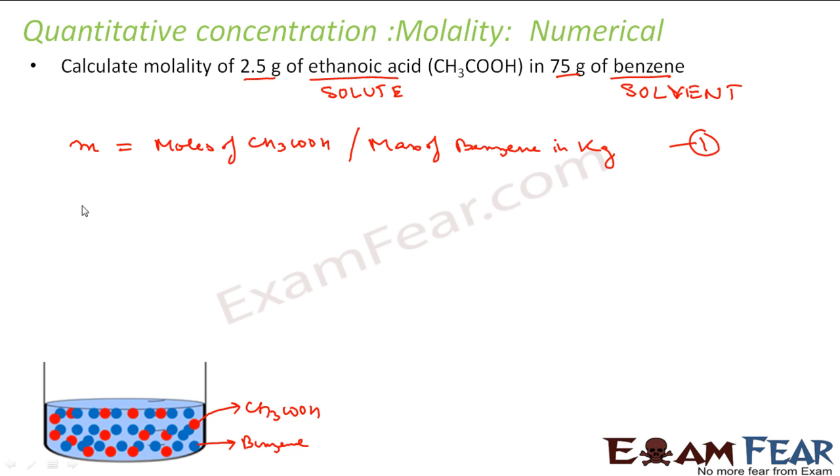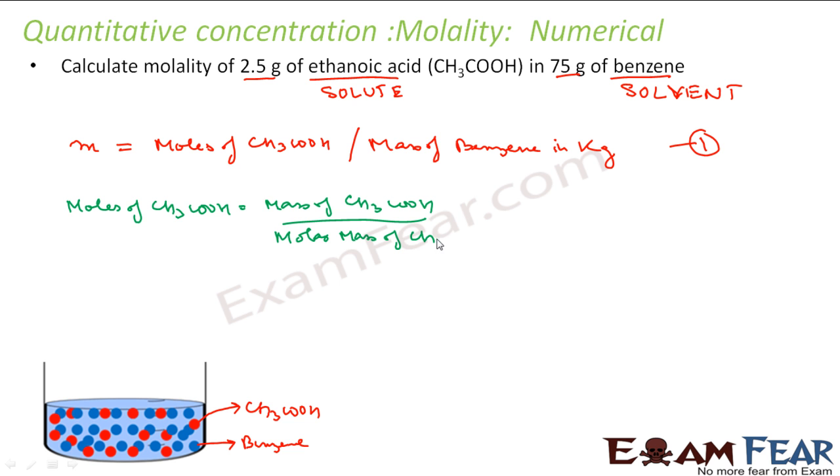So let's find these values. Moles of CH3COOH is nothing but mass of ethanoic acid by molar mass of ethanoic acid. So what is the mass of ethanoic acid?